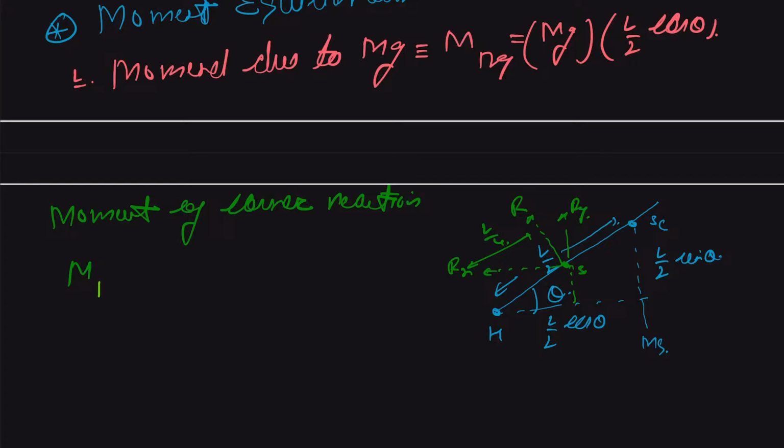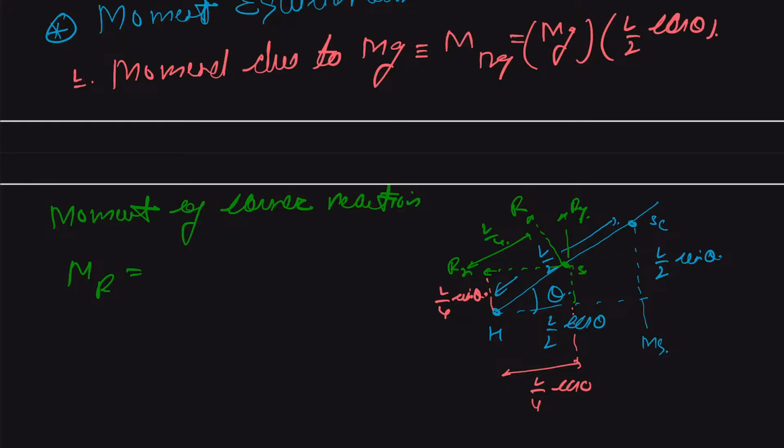So let us have the moment of R. The first component we can write as R of Y multiplied by this distance, which will be L by 4 cos of theta, and this distance will be L by 4 sine of theta. Okay.